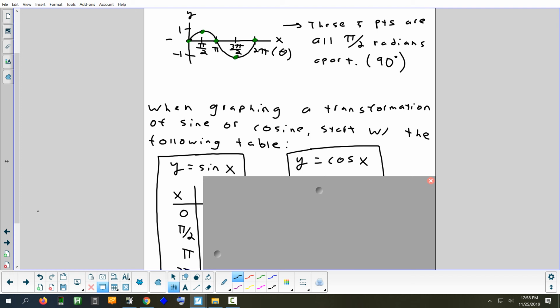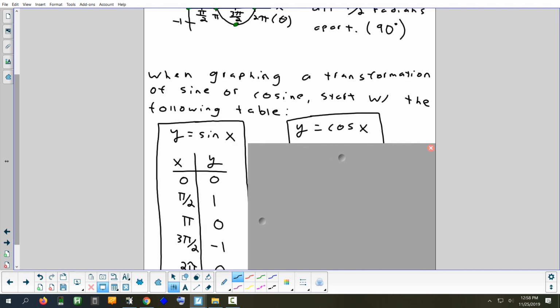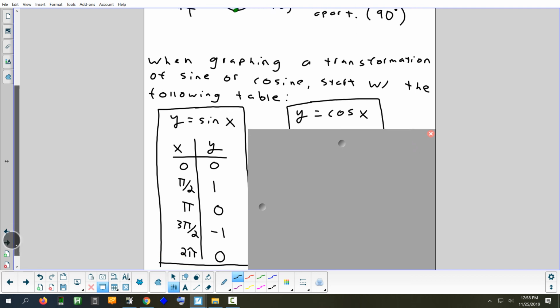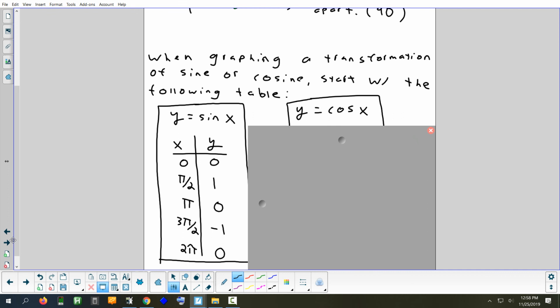You're at 1. How about when you're at pi? 0. 3 pi over 2? -1. And 2 pi? 0. So that's what's in this table right here. Those are the original values. So now if you have to shift left, right, up, down, stretch, flip, you start from those values and go from there.